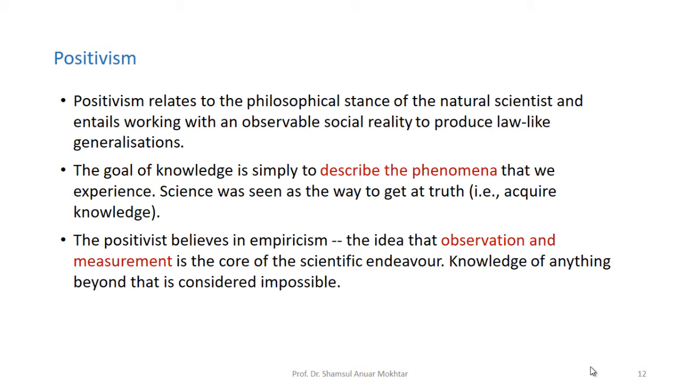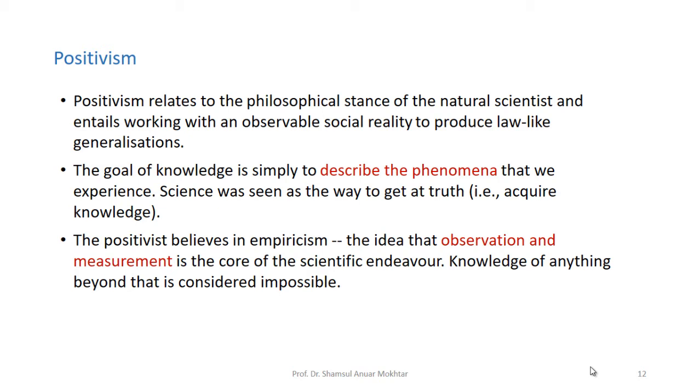So meaning that whatever research is done, if you subscribe to this positivism research philosophy, it must be observed and it must be able to be measured. Knowledge of anything beyond that is considered impossible.